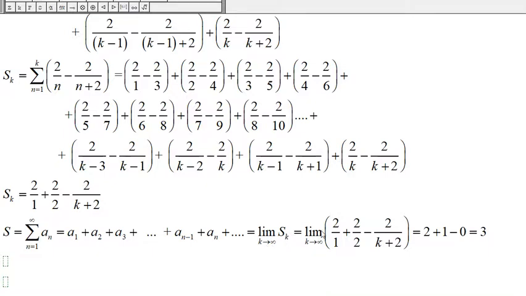So we get the limit of 2, which is 2, the limit of 1, which is 1, and as k runs to infinity, the term 2 divided by infinity is 0. So we get 3. And as we saw earlier with the simulation, as n gets larger and larger, the sum is approaching 3.